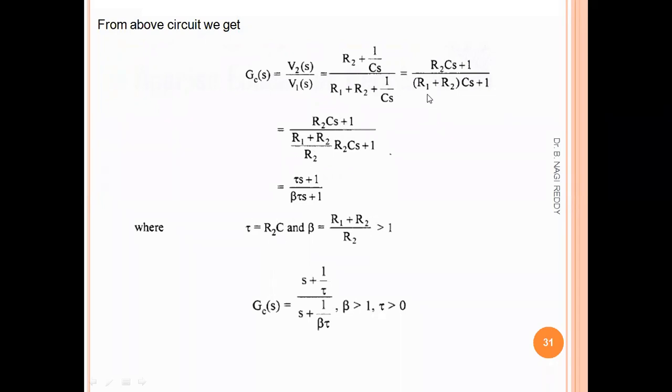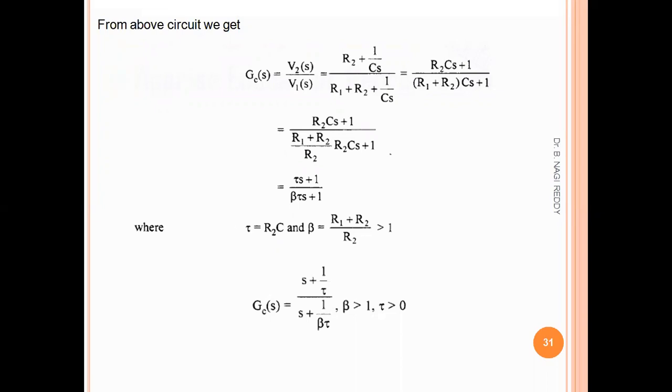What I have done is divide and multiply with R2 here, so that the term (R1 plus R2) by R2 is represented as beta, and similarly R2 into C is represented as tau, where tau is the time constant.